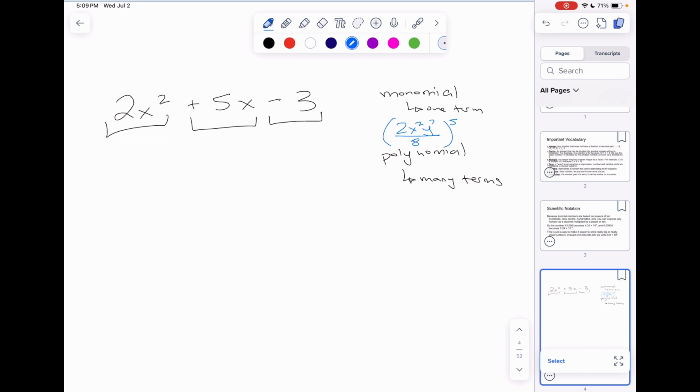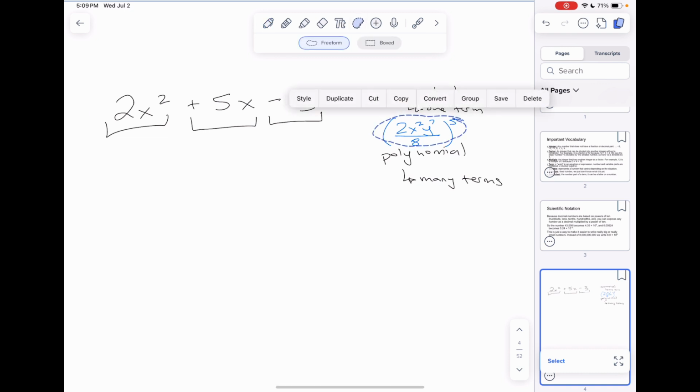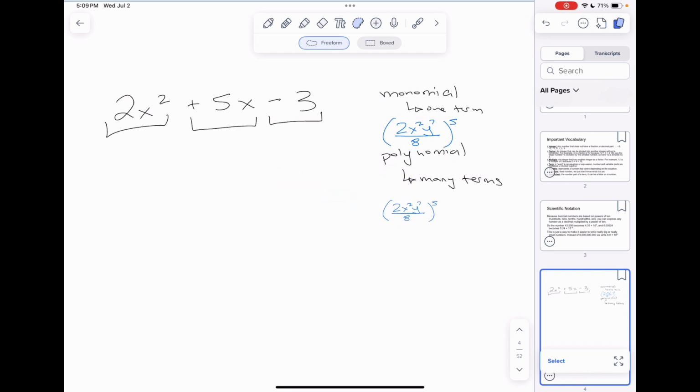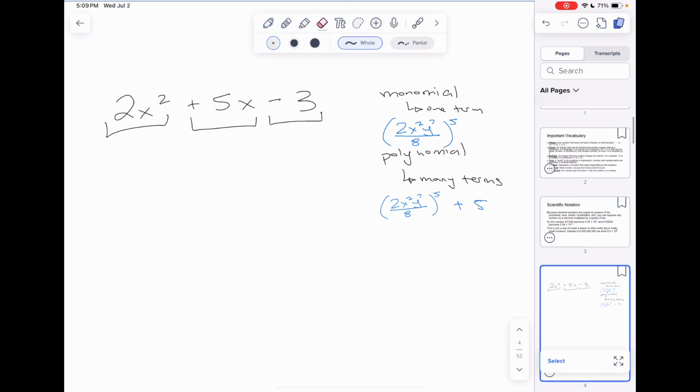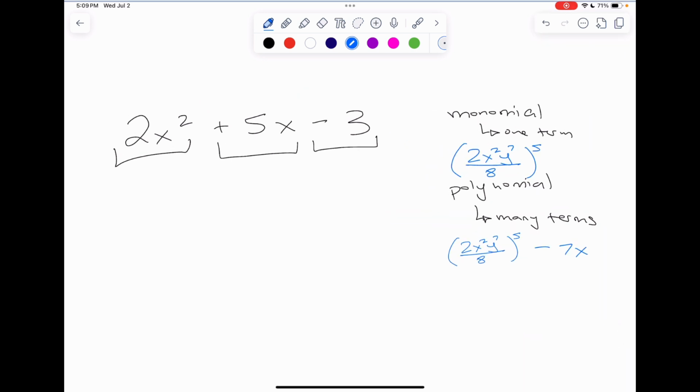But the second I take that monomial, duplicate it, put it right down here, and add something to it, now it's a polynomial. Or if I subtract something from it, it's now a polynomial. So monomial versus polynomial, this expression is made up of 1, 2, 3 monomials, and it is itself a polynomial.